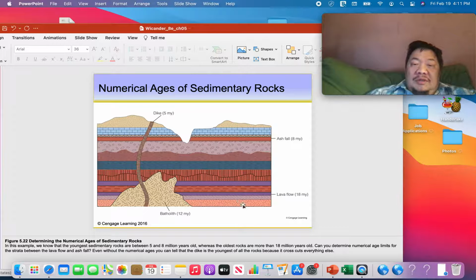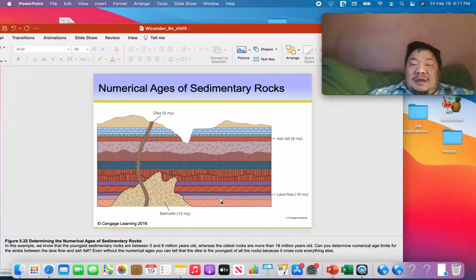Well, these two beds, the sandstone and the shell, must be younger than 18 million years old because they're under the lava flow, but they're cut by the batholith, which is 12 million years old, so they're older than 12 million years old. So these two beds are between 12 and 18 million years old.